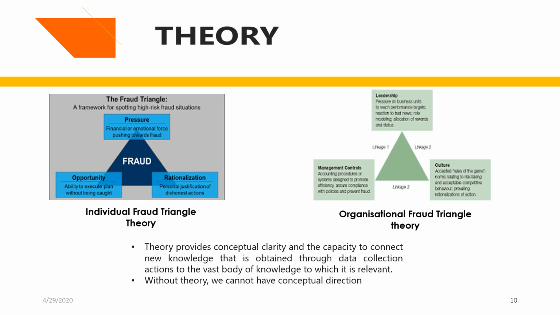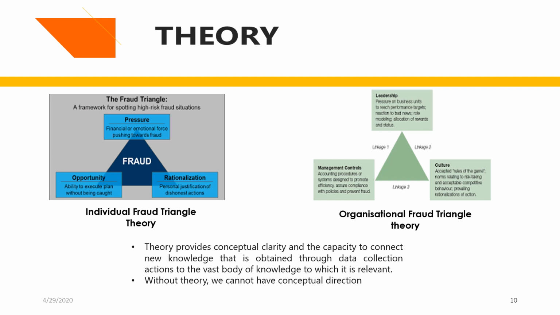In contrast, on your right hand diagram where you have your organizational fraud theory, from this theory you can develop at least three research questions, three research objectives, and three research hypotheses. So research objective number one, maybe you want to examine whether leadership quality will lead to fraud in the organization.